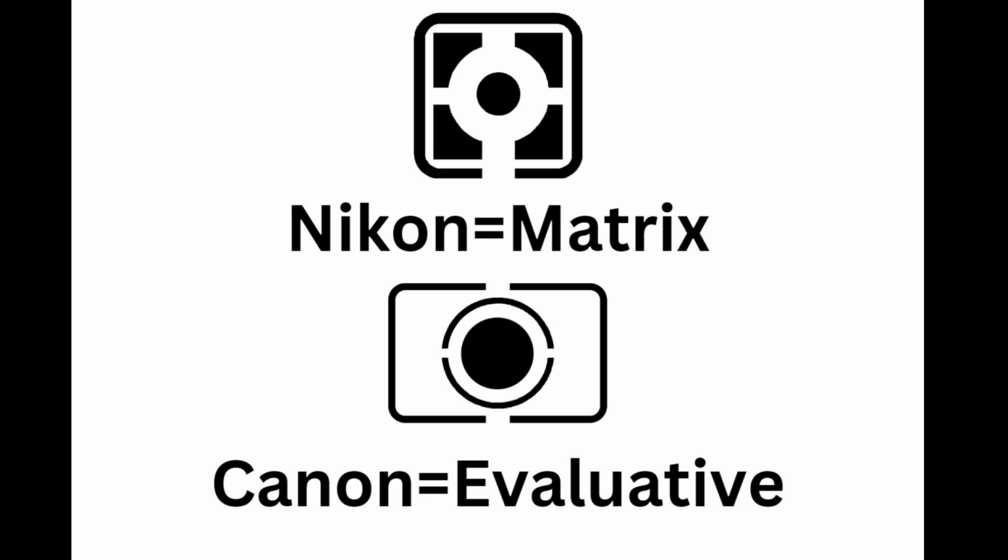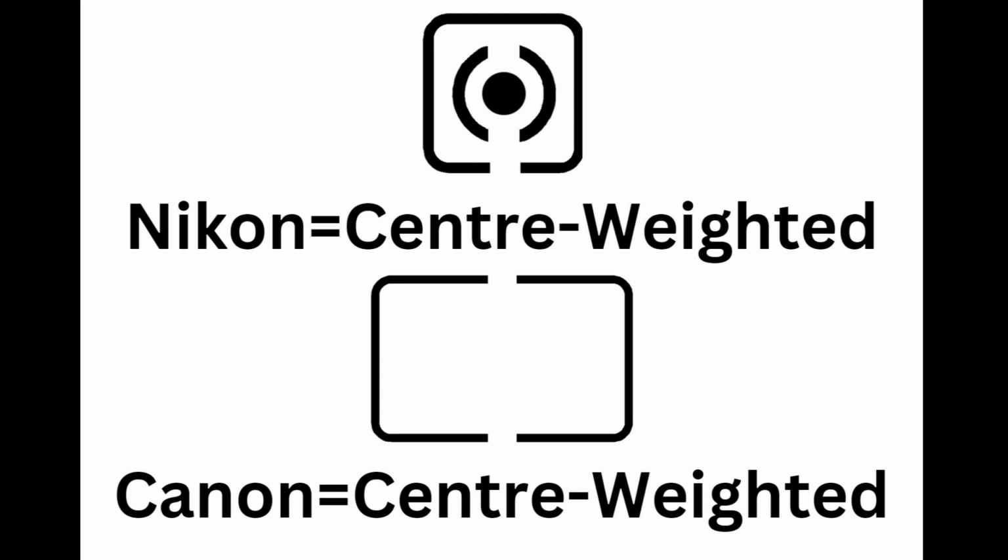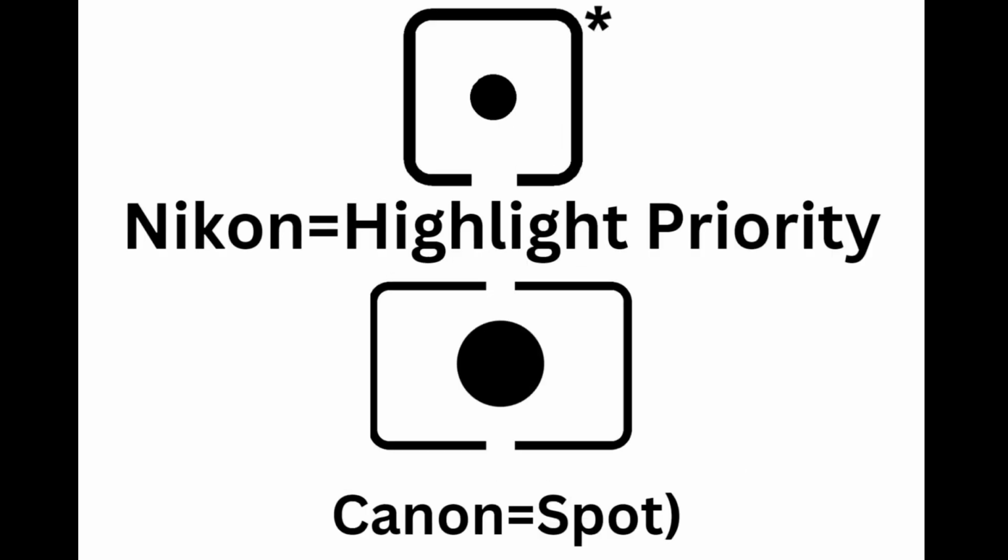We have matrix metering, which is also known as evaluative metering for Canon, center weighted, spot and highlight priority. Now, with Canon, they're named a little bit differently.